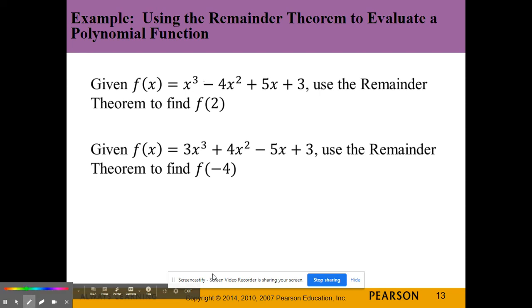So take the number. It's not the opposite like you're doing with the standard synthetic division when you're given a factor that you're told to divide. So this is, you're going to take 2, put it in the box, list out the coefficients like we did before.